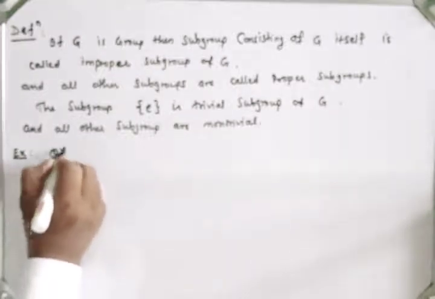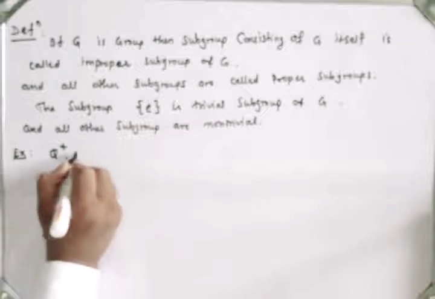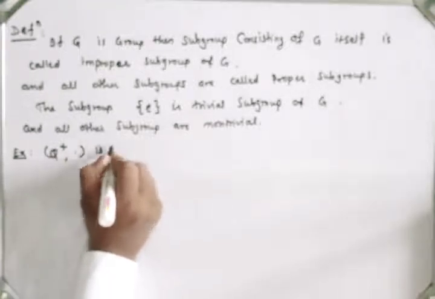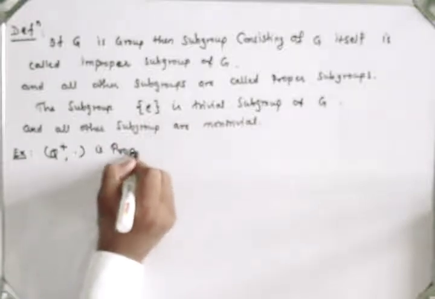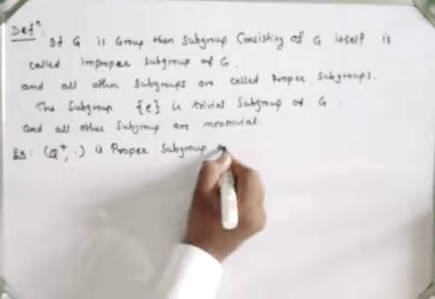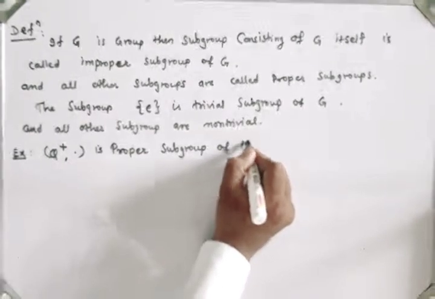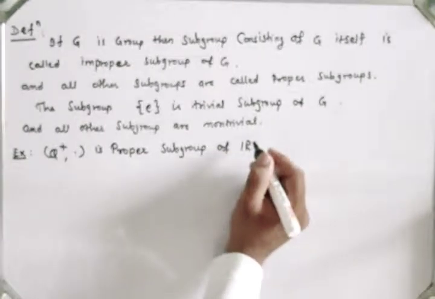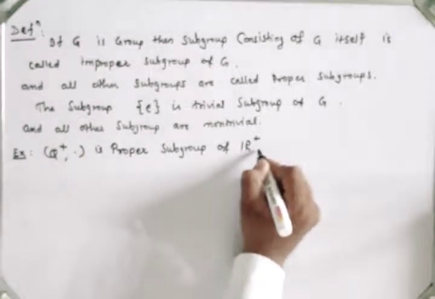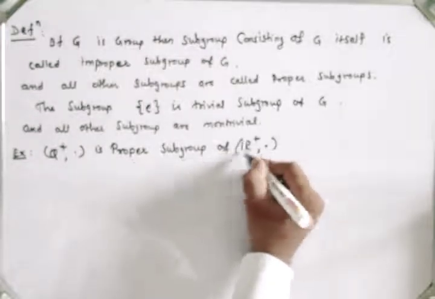So the set of positive rational numbers under multiplication is a proper subgroup of R plus, positive real numbers under multiplication.